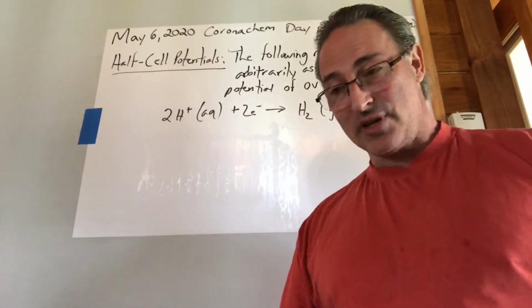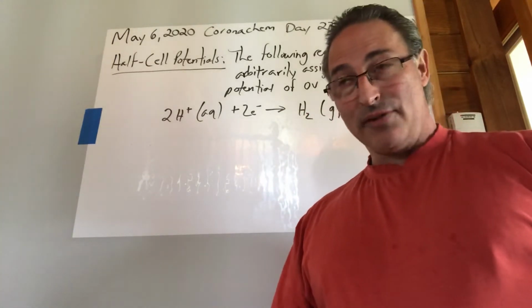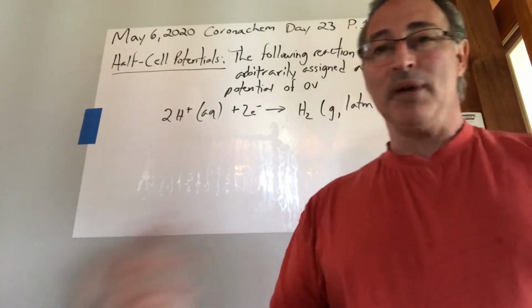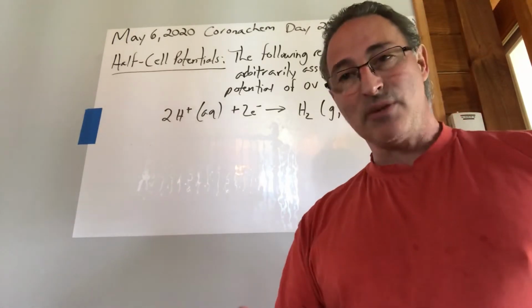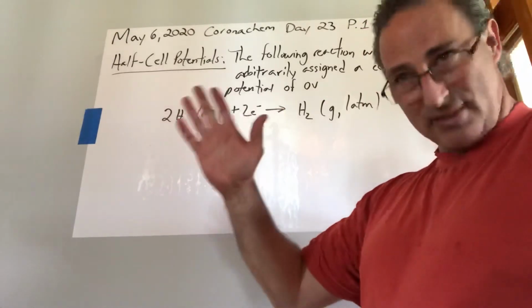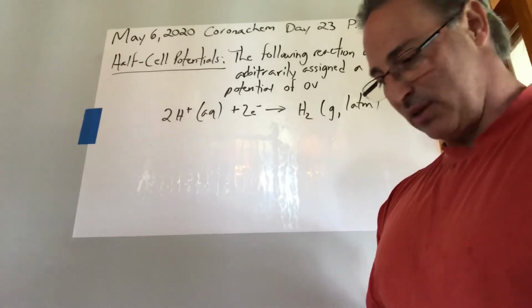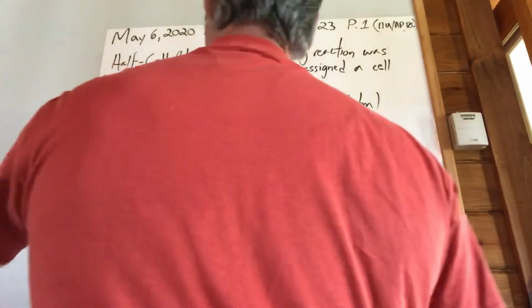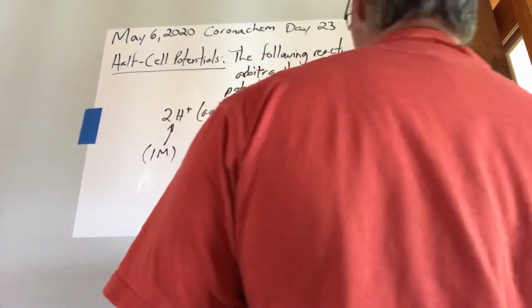If you put hydrogen with a metal, it will behave like a non-metal. If you put hydrogen with a non-metal, it behaves like a metal. So depending on what the voltage is of the substance that you mix it with, the hydrogen will adapt itself because it's kind of in the middle. And that's why they gave it a voltage of 0, because it falls in the middle of the range of voltages. So again, the conditions here are 1 molar, standard conditions, and 1 atmosphere gas.